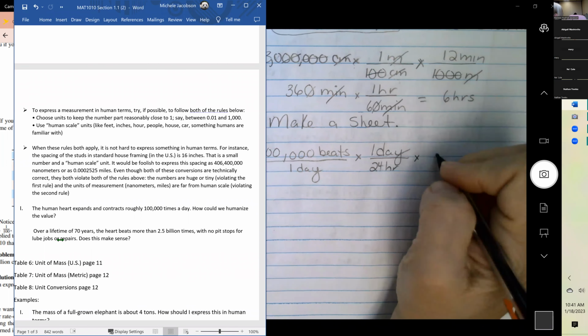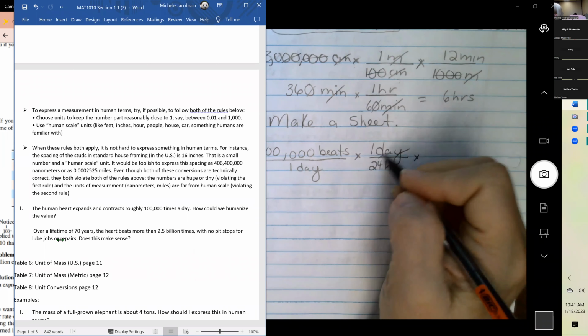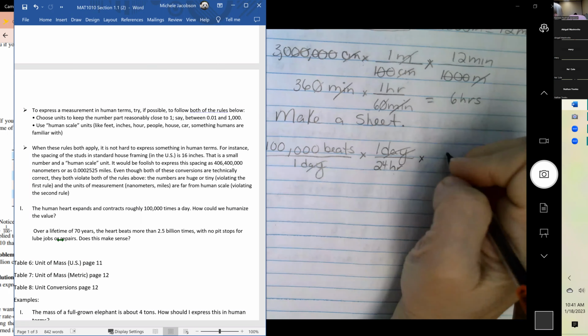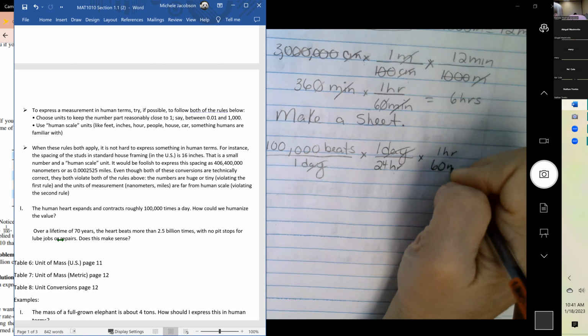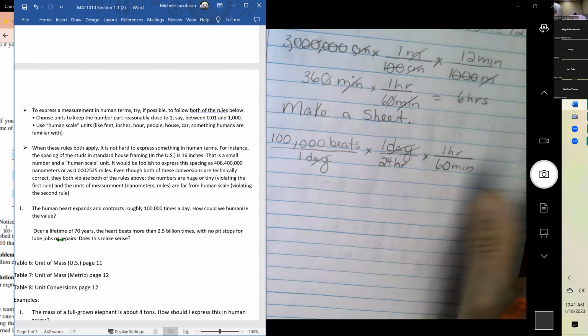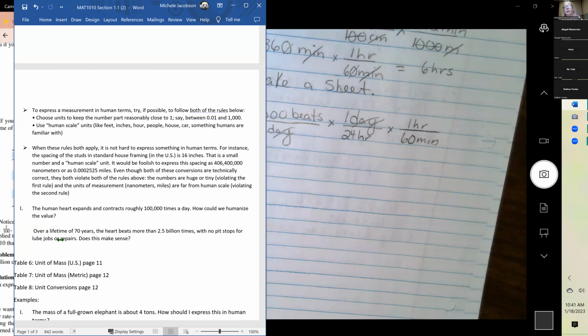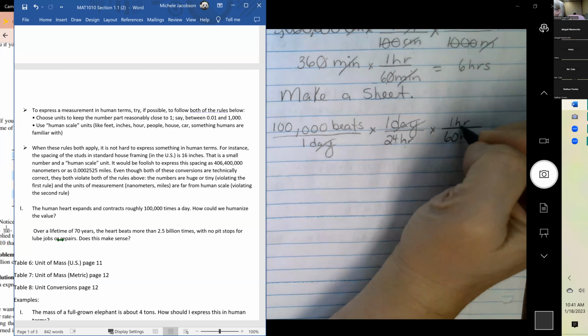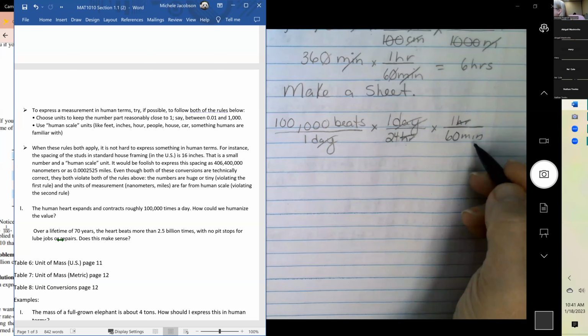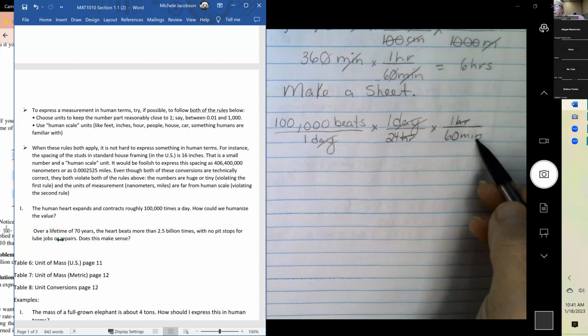Okay. Because here the days will cancel. And then we know that 1 hour is 60 minutes. Now let's look at what number we get. Are there any questions on setting this up? Because our hours will cancel and we'll have beats per minute.